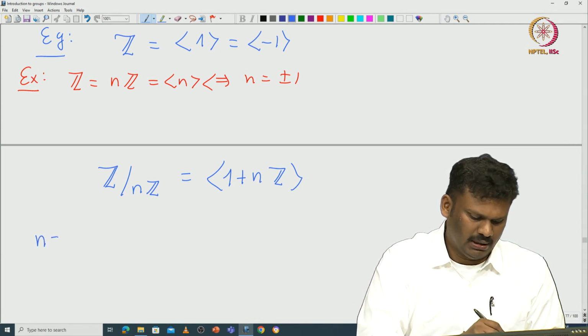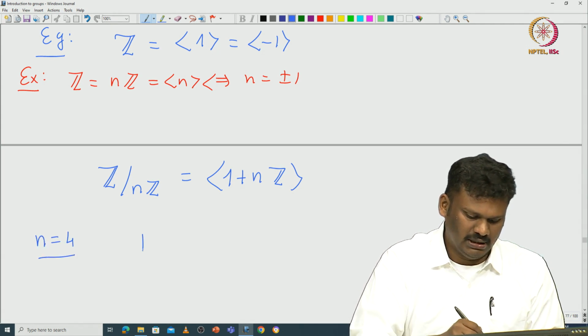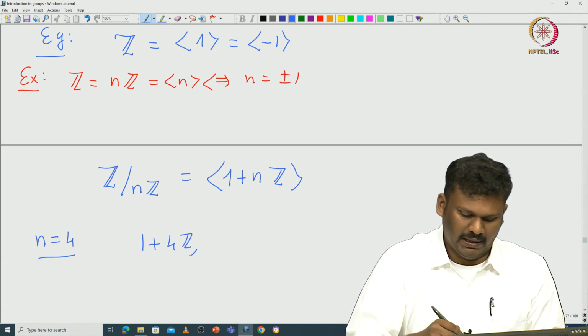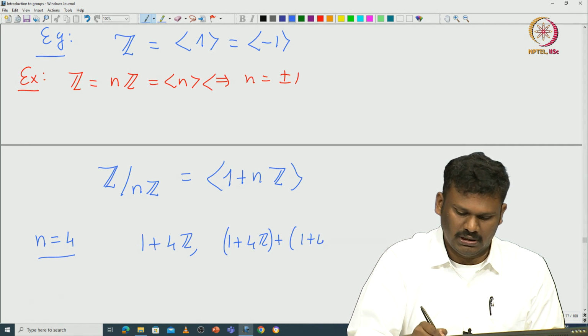For example, if you take n equal to 4, you have 1 + 4Z, and if you add it twice, (1 + 4Z) + (1 + 4Z), that is exactly 2 + 4Z.